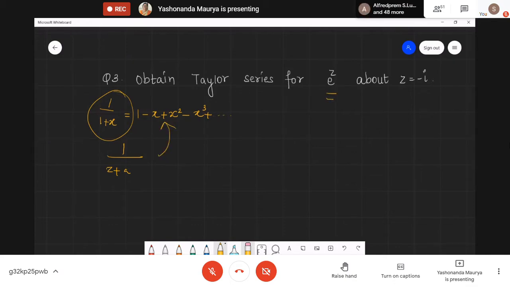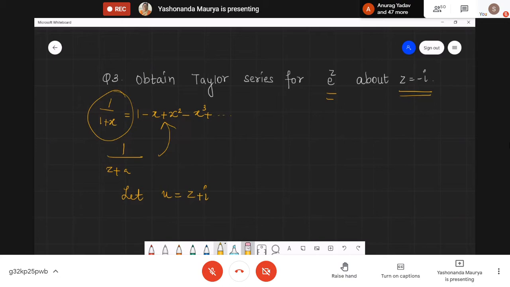So what can we do here? And one more thing, it is asked about z equal to minus i. So what we'll do is let u be equal to, what will be the expression that I'll take for u? z plus i.